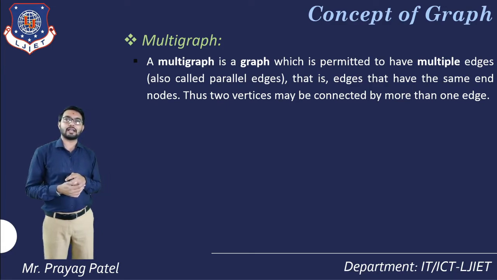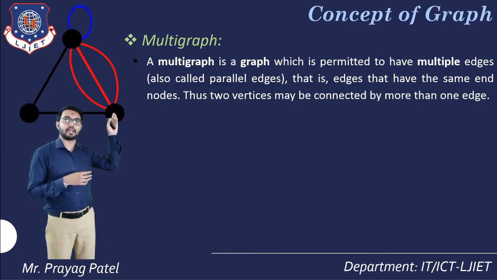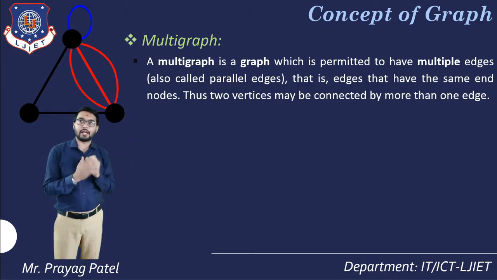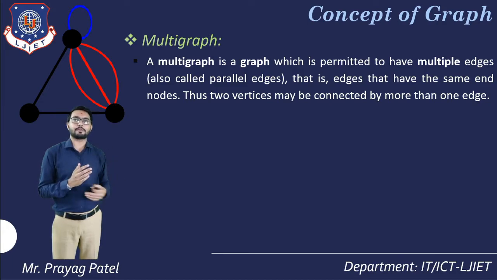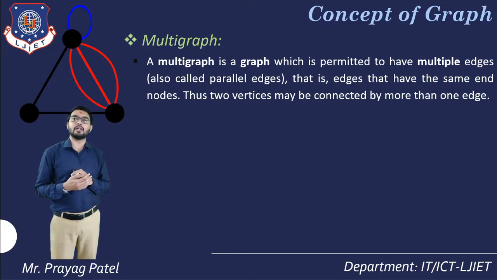So here consider an example of the multigraph. For example, this figure is a multigraph because between these two nodes there are three paths available. So from node 1 to node 3 you have three options or three ways to move from node number 1 to node number 3 or node number 3 to node number 1. So this is considered a multigraph.